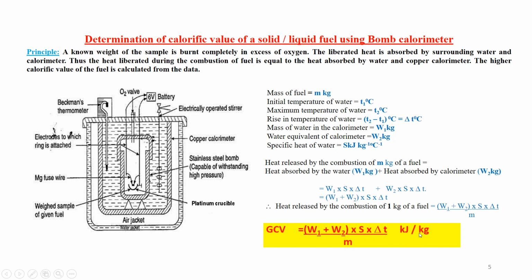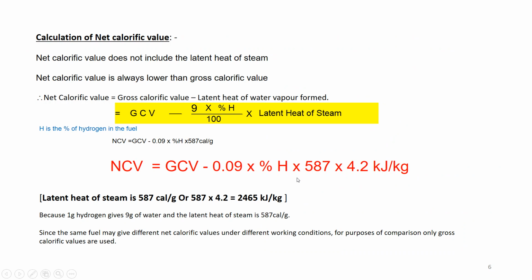Now, how do we calculate NCV? Net calorific value is equal to gross calorific value minus the latent heat of water vapor formed. So NCV is GCV minus 9 into percentage of hydrogen divided by 100 into the latent heat of steam.